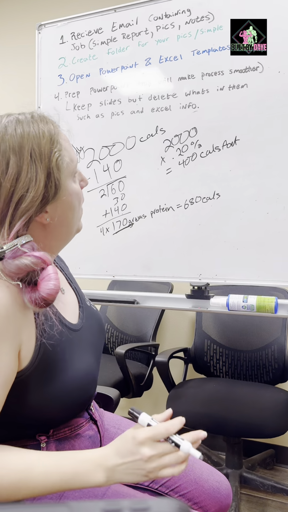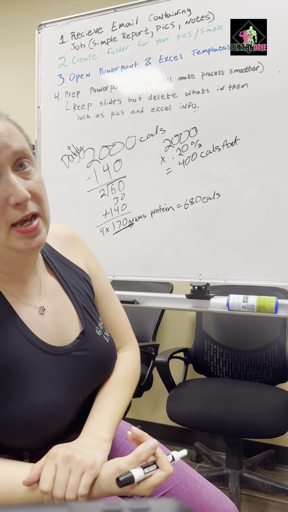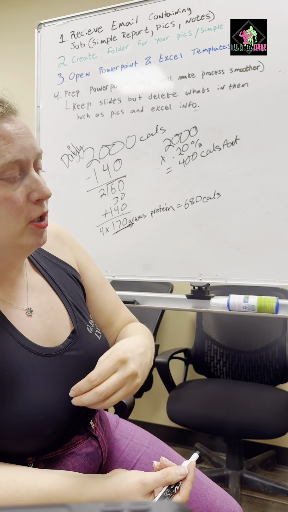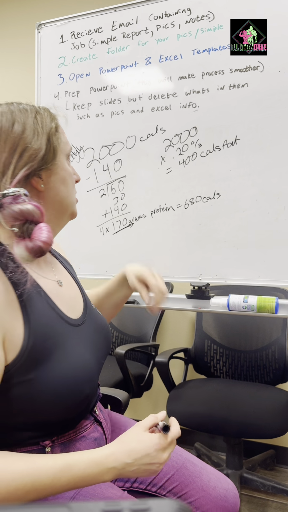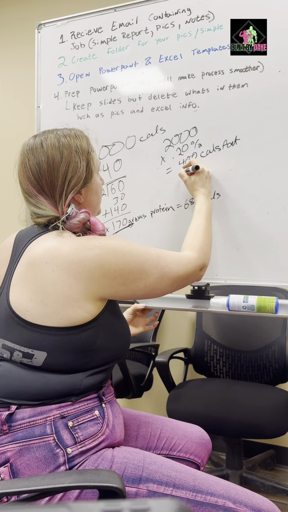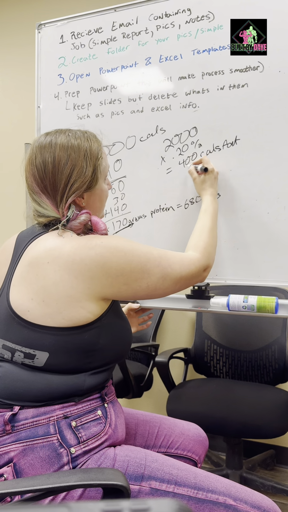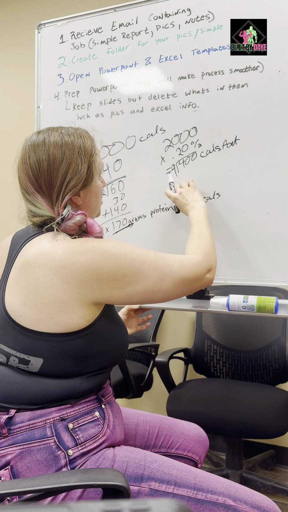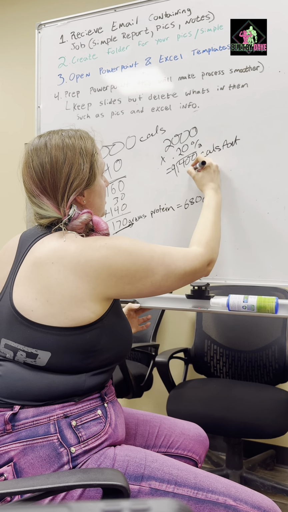Now how do we figure out how many grams that is? Well, each gram of fat is worth 9 calories. So we're going to take 400 and divide that by 9. So 400 divided by 9 gives us 45.